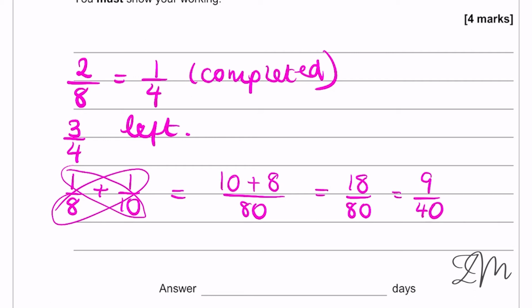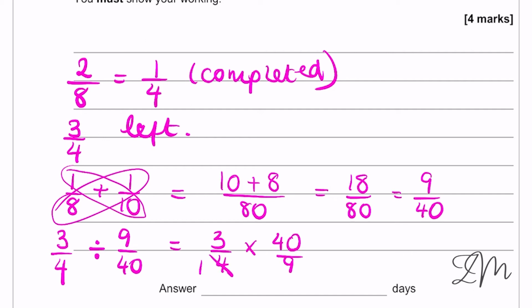So we've got 3/4 left, and we're dividing it by 9 over 40. Remember, kiss and flip. 40 over 9, that cancels, that becomes 10, that becomes 1, that becomes 3, and we're left with 10 over 3, which is the same as 3 1/3.